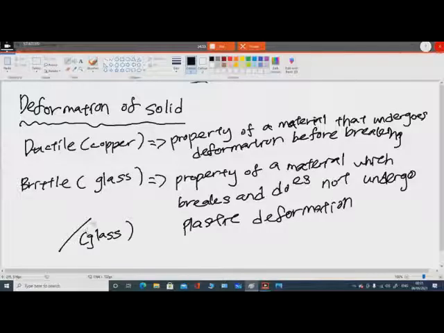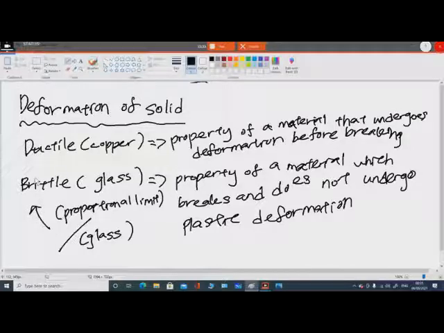After the proportional limit, there is no elastic limit, no yield point, no breaking stress. So glass only has the proportional limit, and after that it breaks directly without undergoing any deformation. This is the property of glass.